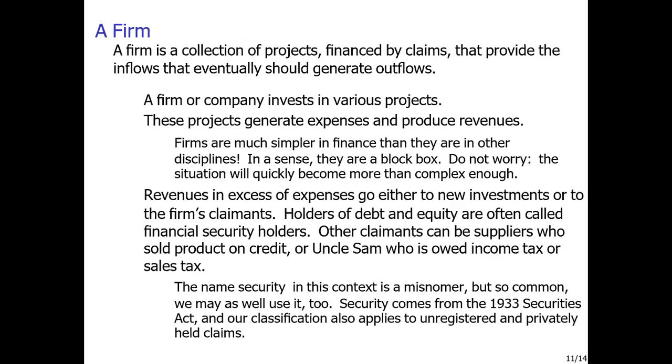And then there's a question, what is a firm? A firm is a collection of projects. Remember, there were projects cited in the earlier slides of Professor Welsh, financed by claims that provide the inflows that eventually should generate outflows.